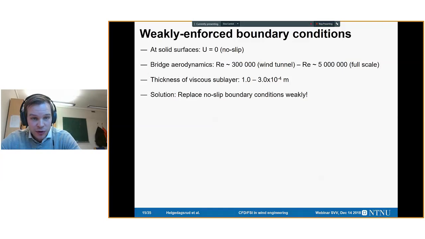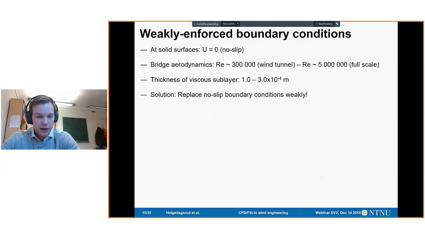But one way we can relax the need for resolving these boundary layers is to use the so-called weakly enforced boundary conditions.